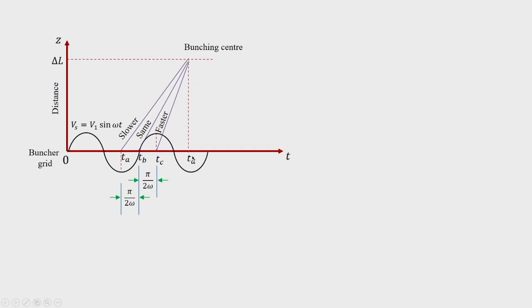Now, this time is marked as T d here, and this is representing 1/4 of a cycle. So, this time is capital T by 4 and which is equal to pi by twice omega.